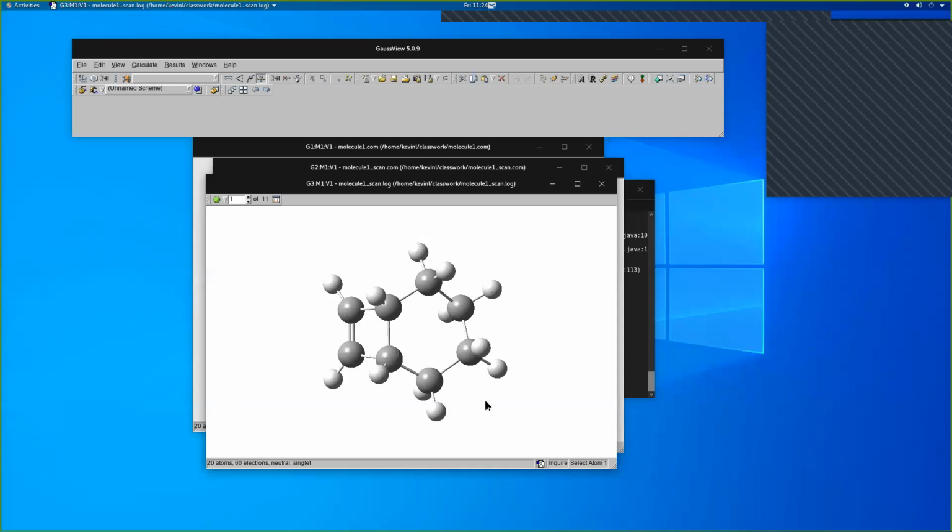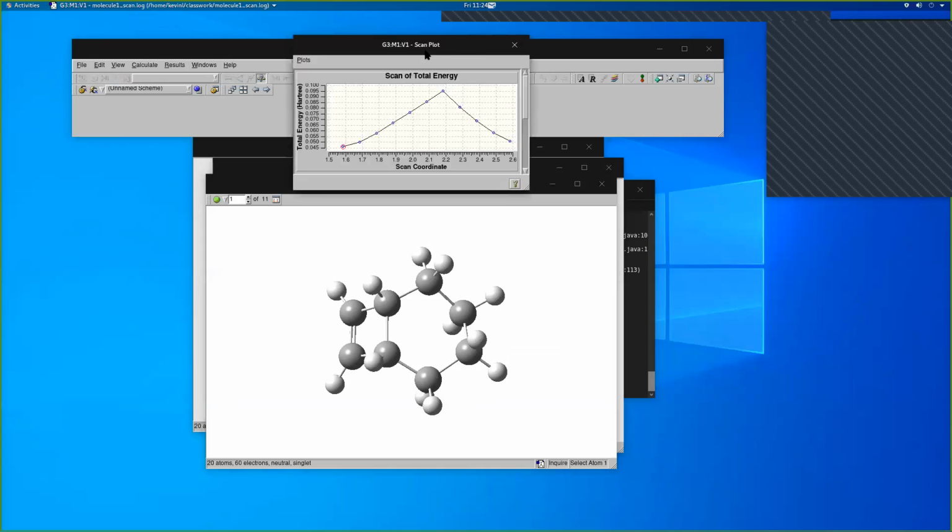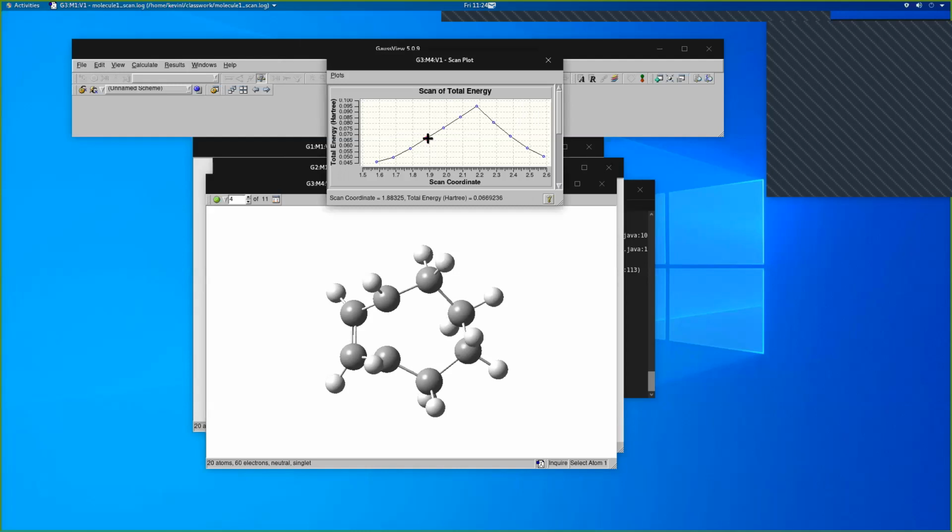So here we go. I've done the scan, and if I have a look at the results of the scan, you can see it's really interesting that as you move the atoms apart, the energy goes up. The energy goes up to a point, reaches a maximum, and then it starts decreasing on the other side.